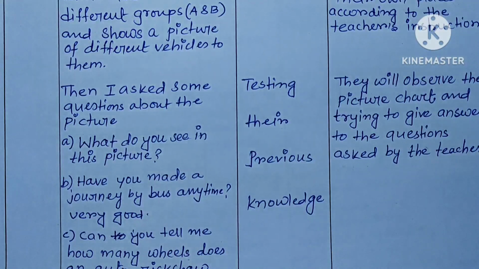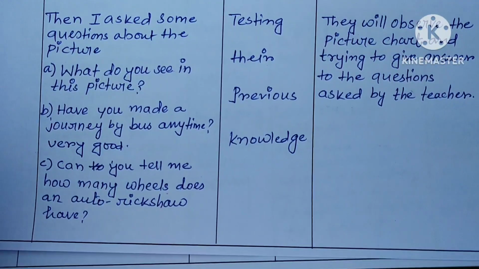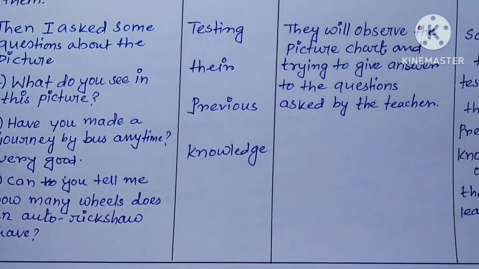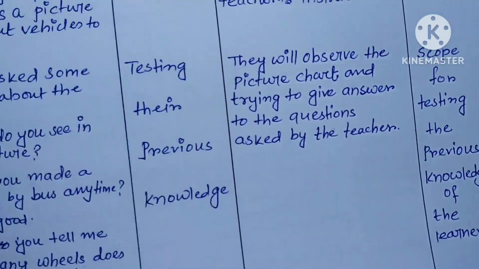Have you made a journey by bus anytime? Yes, sir, obviously. Very good. Can you tell me how many wheels an auto rickshaw has? Yes, sir, an auto rickshaw has 3 wheels.